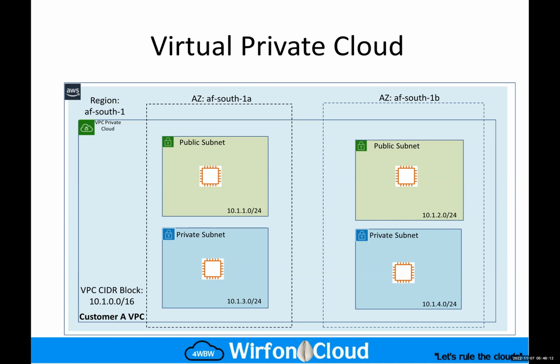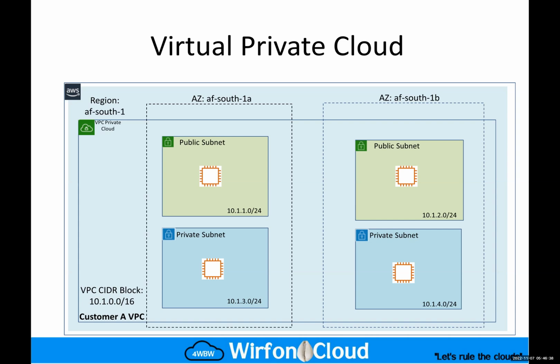A region is made up of two or more availability zones. Everyone should remember that. And you remember that when you study a service in AWS, you should always ask yourself whether it's regional, zonal, or global. Global means it covers the whole of AWS worldwide. Regional means that it covers just one region.